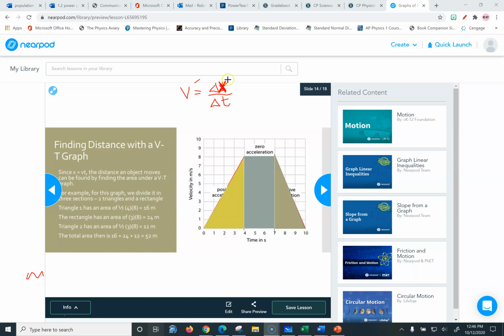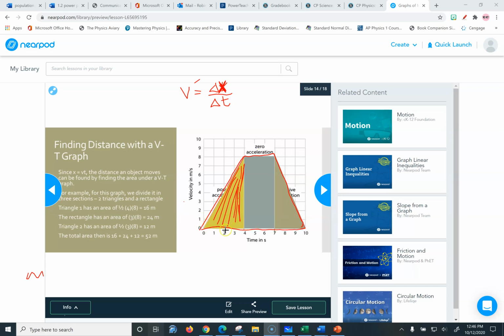So let's move this around a little bit. What if we were to multiply velocity and time together? What if we were to look for the area underneath this quote-unquote curve to the x-axis?